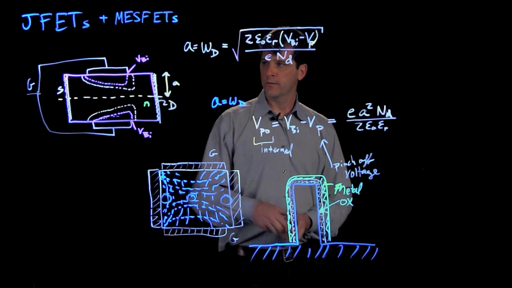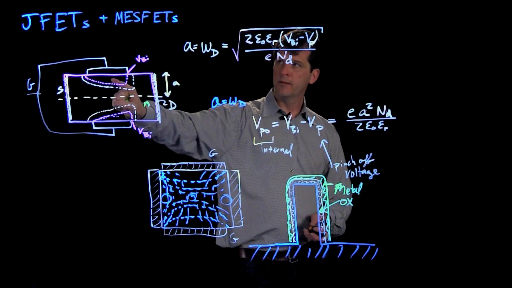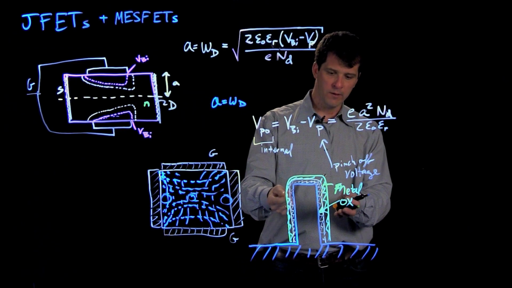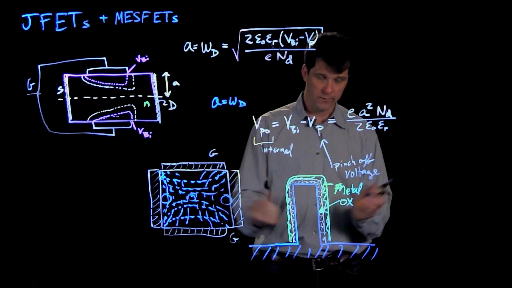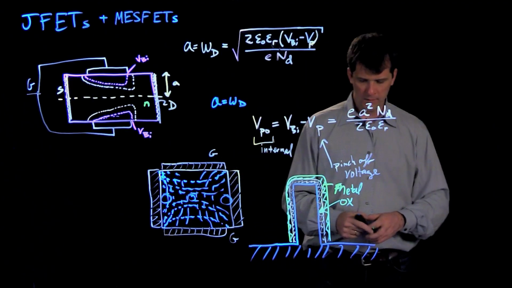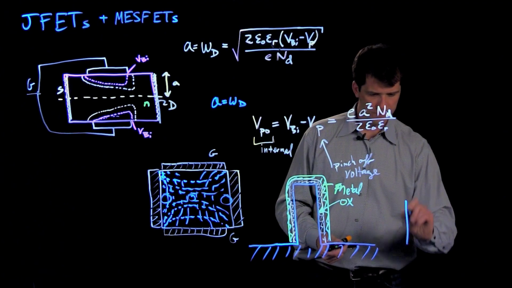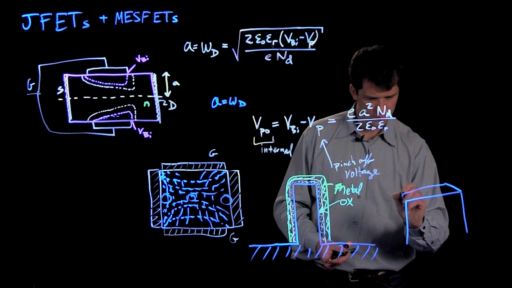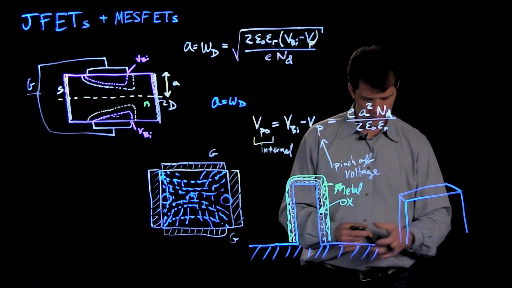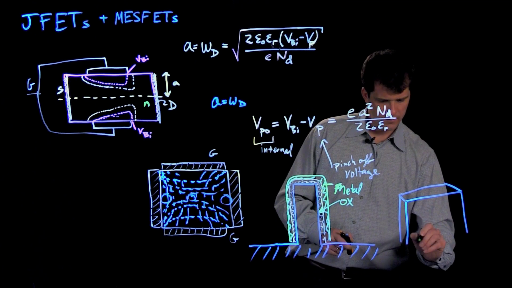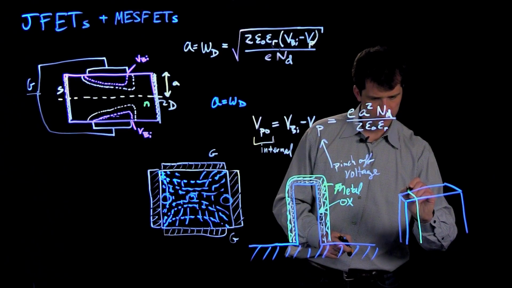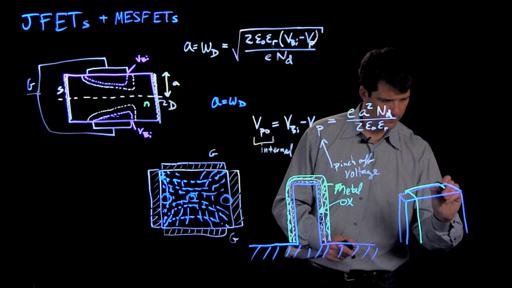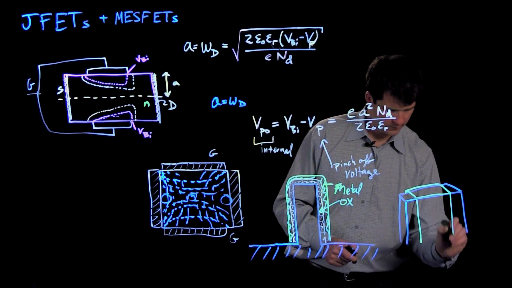And of course, PN junctions, Schottky junctions, or MOS capacitor structures can all create depletion widths that move into a semiconductor. So from the side, a FinFET might look like this, and the gate may extend over a large portion of its length, leaving space for the contacts at the ends.